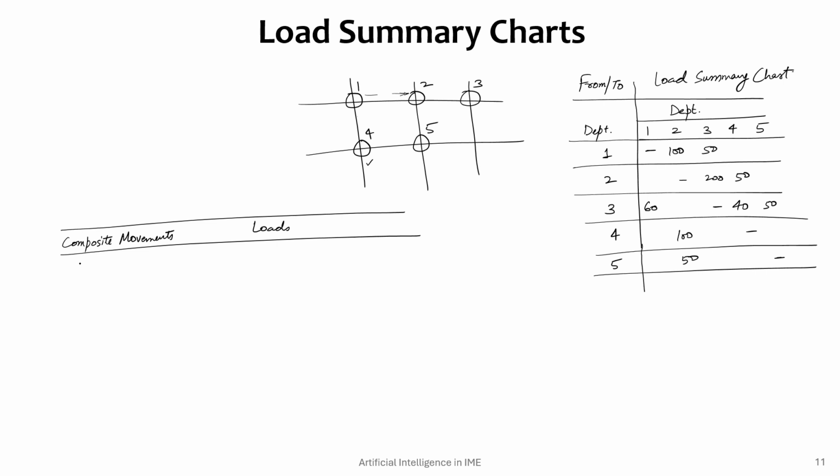The first load is 1 to 2, and since there is nothing between 2 and 1, your total load is 100 units. Then 2 and 3: from 2 to 3 it is 200, and from 3 to 2 it is empty. So this is 200 units of load.